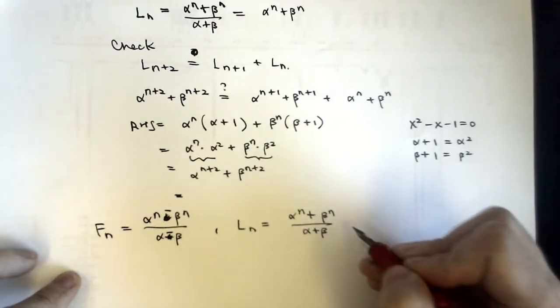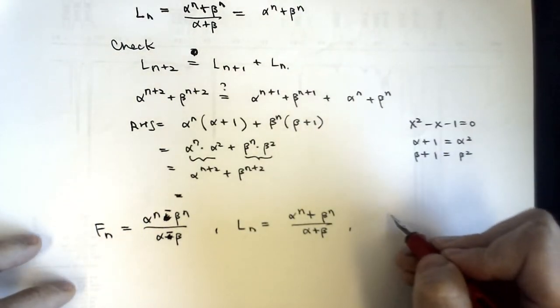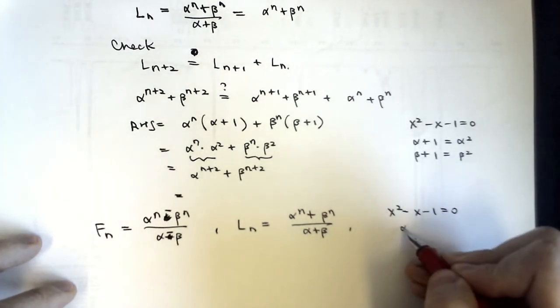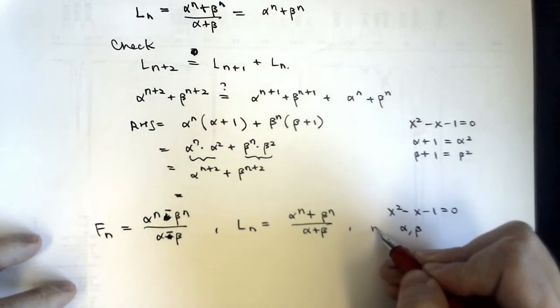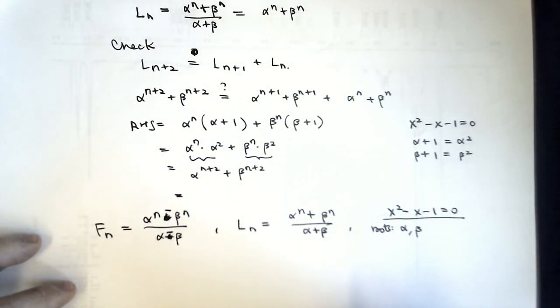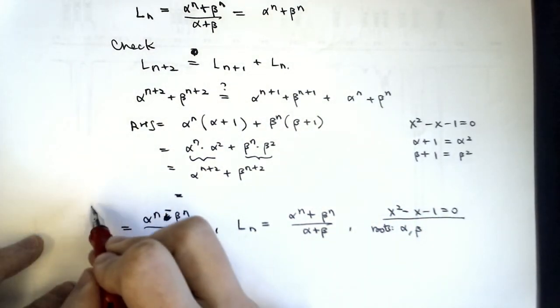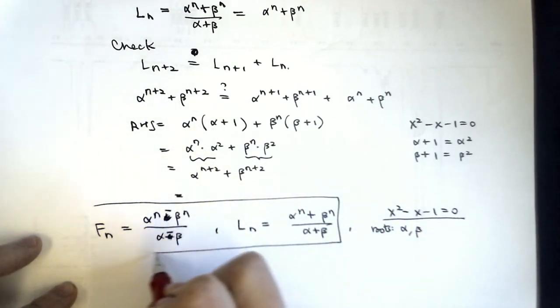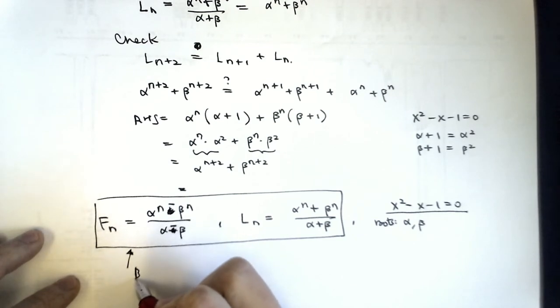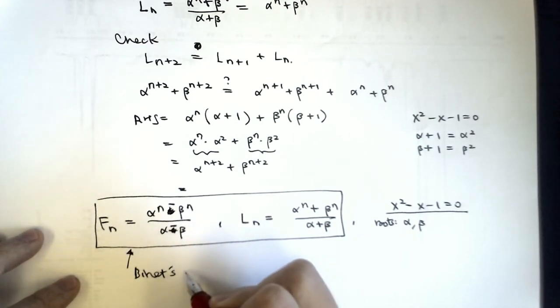And then what are alpha and beta? Basically just to remember, alpha and beta are just the roots of this very interesting quadratic equation. And of course this formula has a name, it's called the Binet formula.